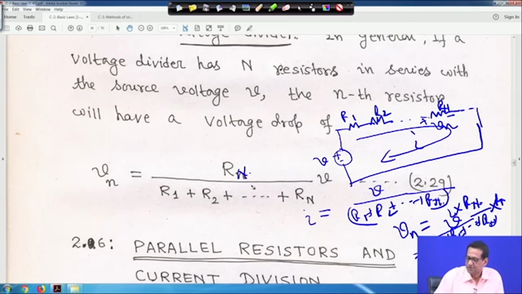Here I have written Rn first. So this equation we further write as Vn is equal to Rn upon R1 plus R2 up to Rn, into V. Hopefully, even though it is becoming a little clumsy here, it is understandable to you. So let me clean it.